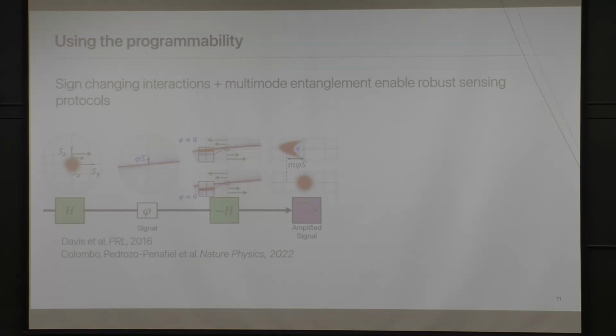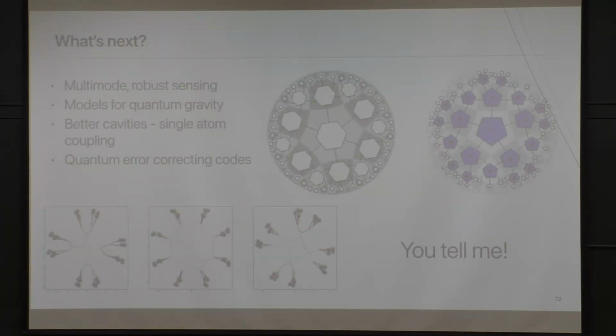So right now we're working towards using this for enhanced sensing of multiple quadratures, using this kind of PPR state for enhanced sensing of simultaneously non-commuting observables. But just generically, we have ideas on this quantum gravity angle.